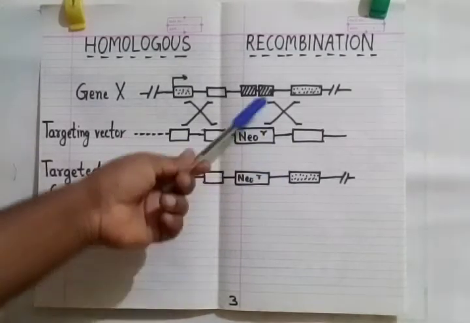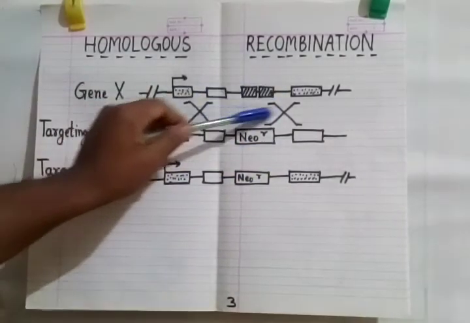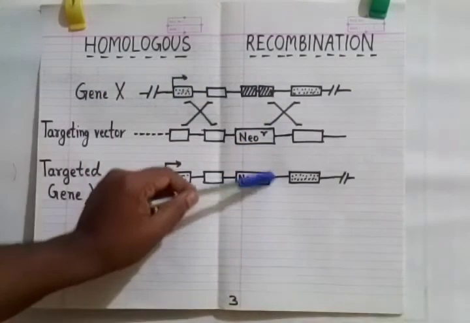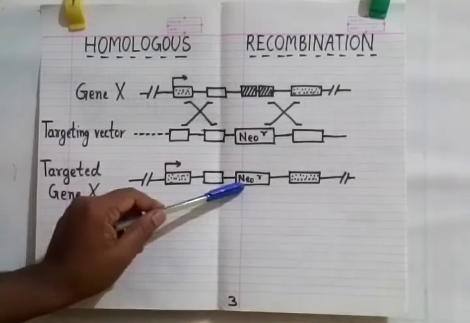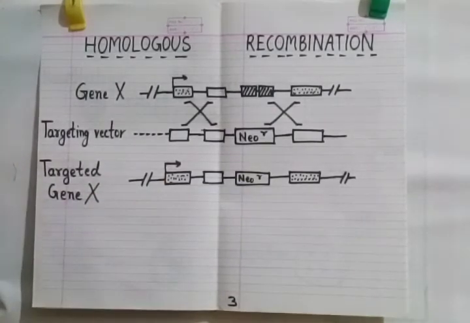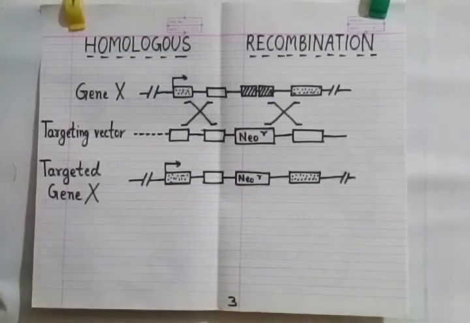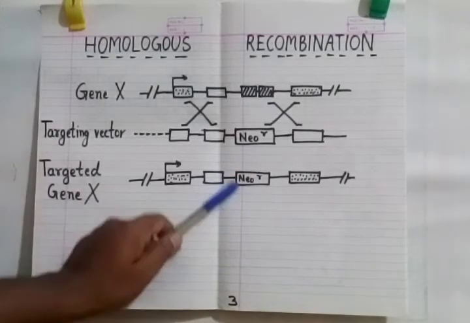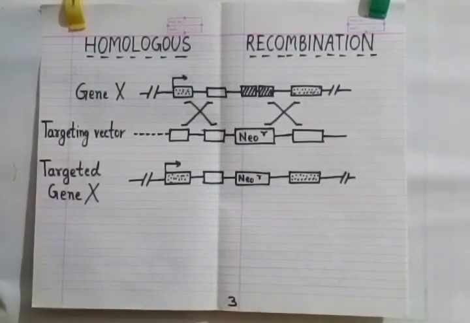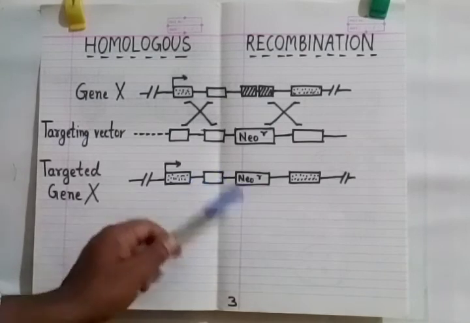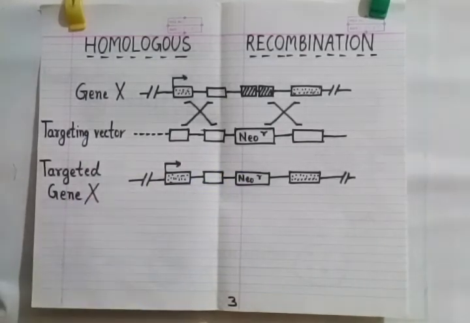Here this target gene got replaced with my gene, which I am representing as neo-R, meaning neomycin resistance gene. This acts like a selectable marker. Neomycin is an antibiotic. Why am I adding this neomycin resistance?